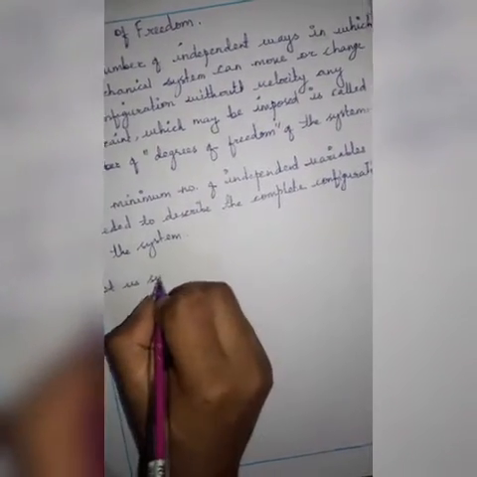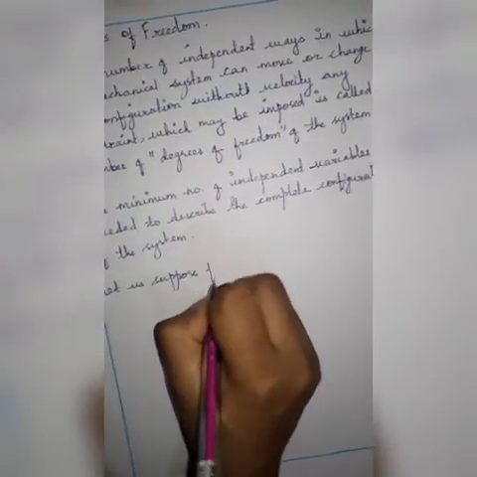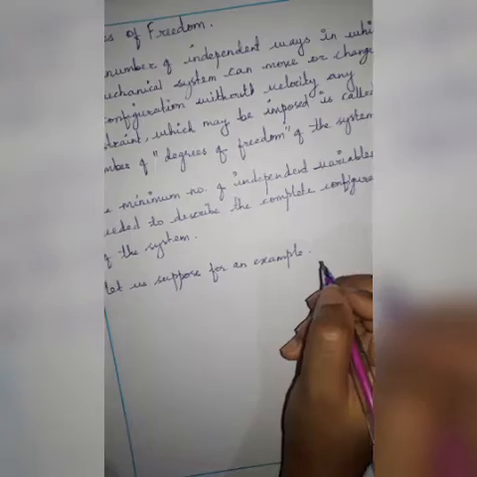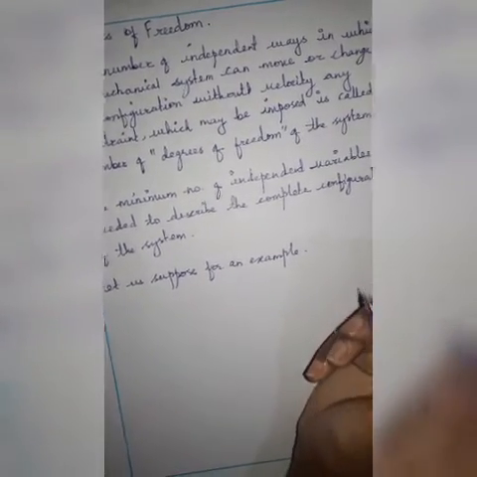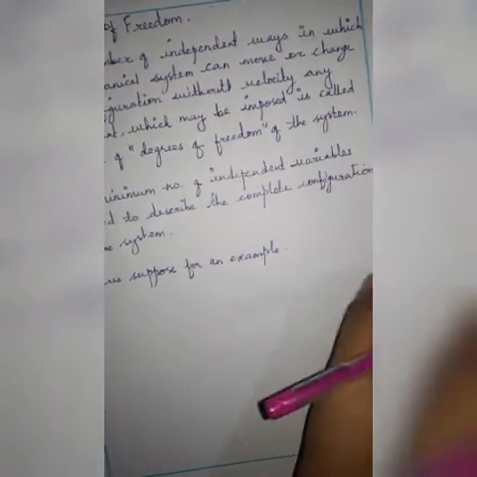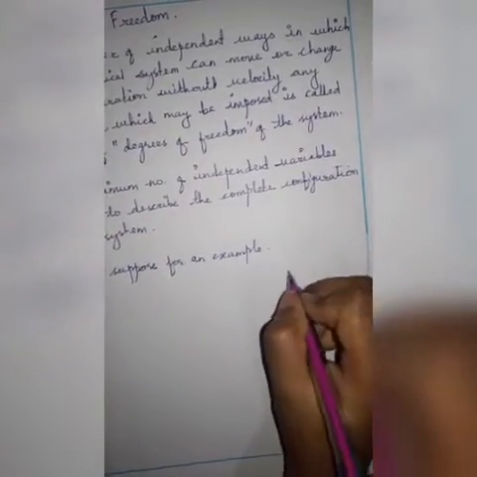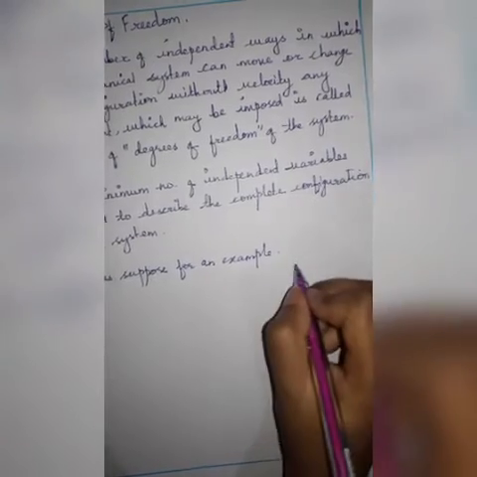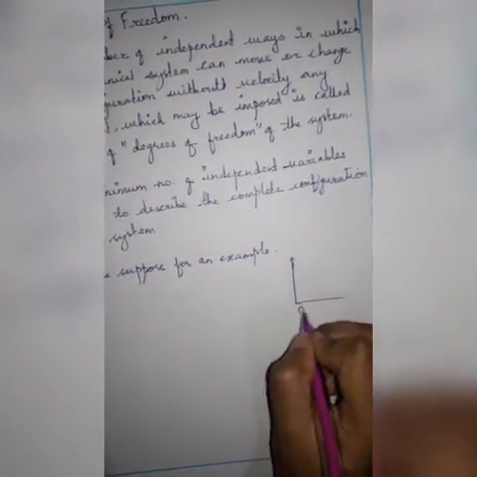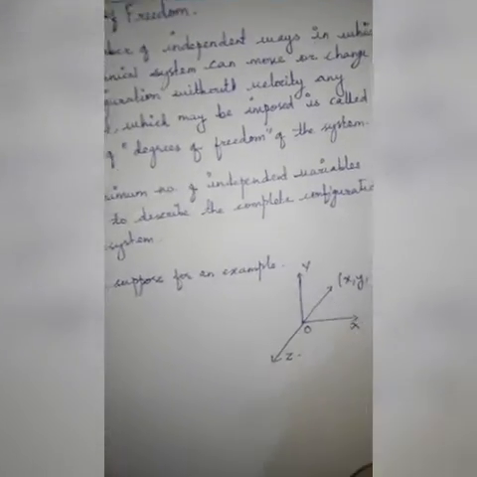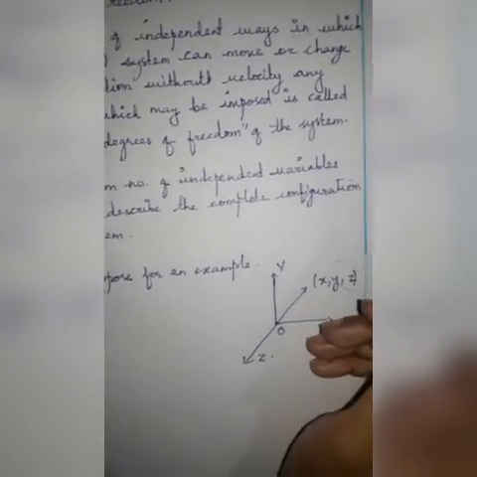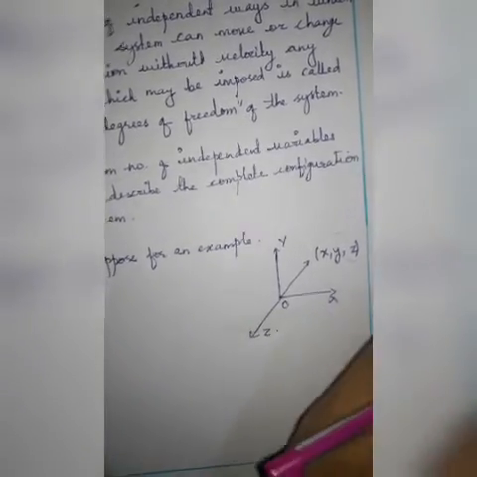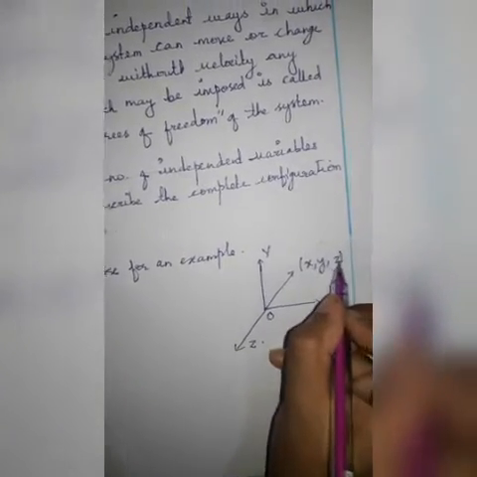Let us suppose for an example we consider a particle which is free to move in 3D space. So in this condition, if you want to describe the motion of the particle completely, we need 3 position or space coordinates x, y and z.